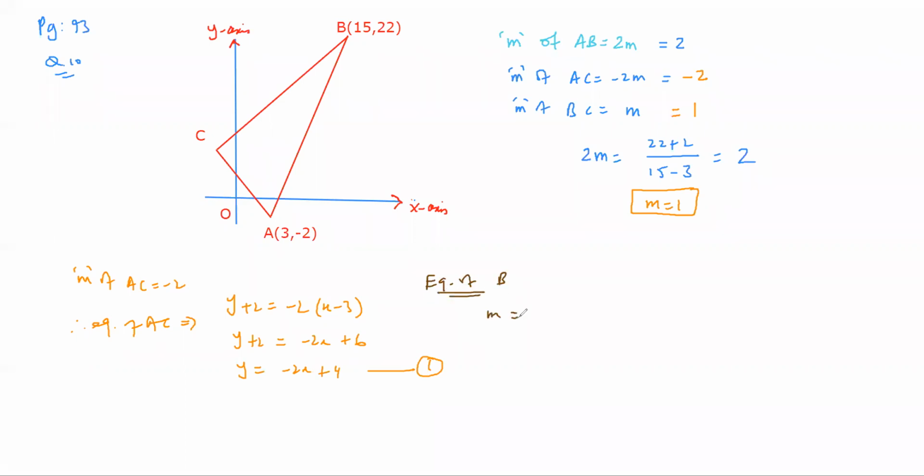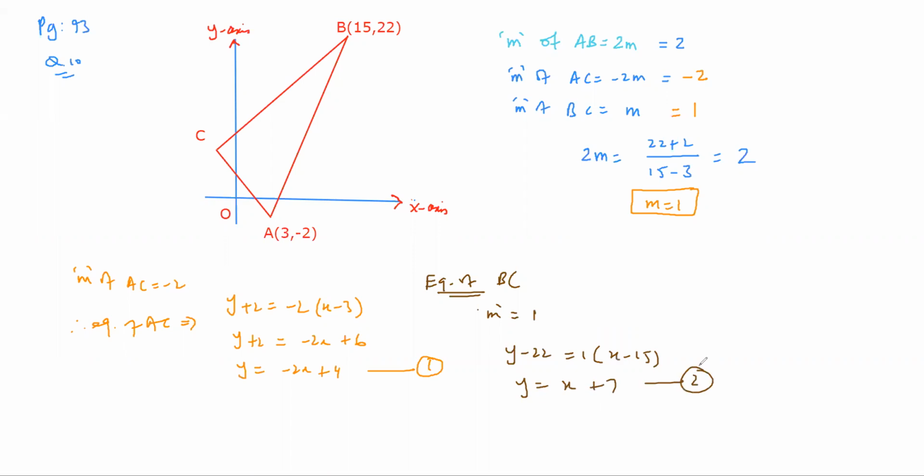The gradient of BC is 1, okay? So we have the point B. So y minus 22 is x minus 15. This gives y is x plus 7. That is the second equation.